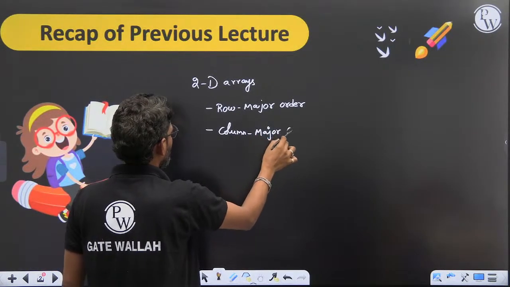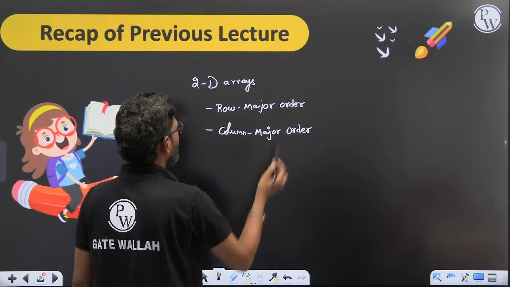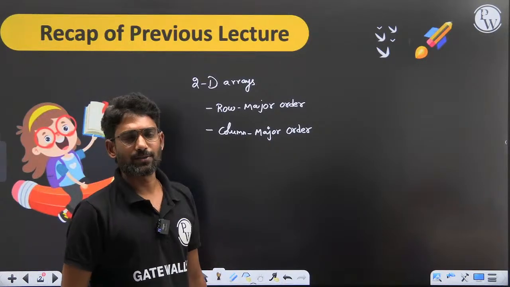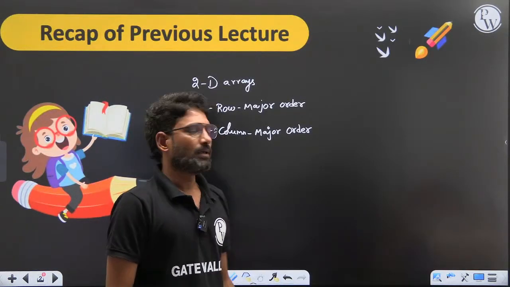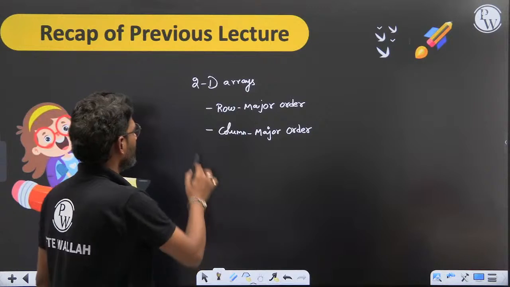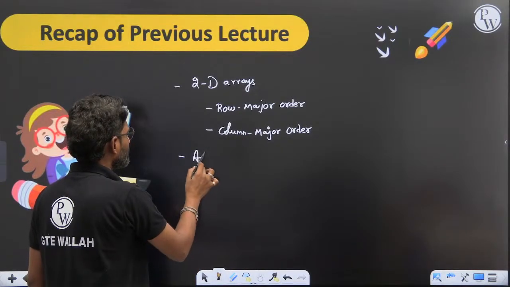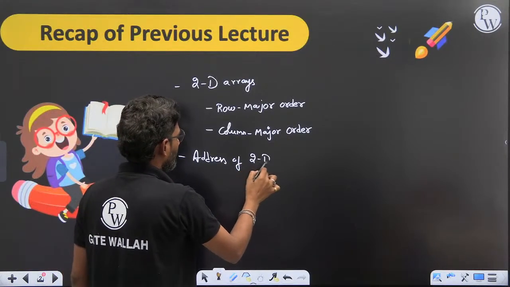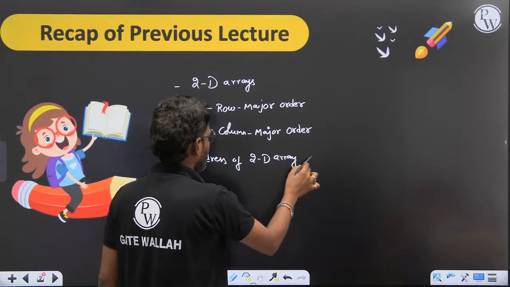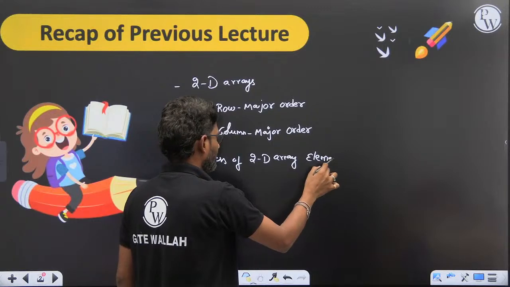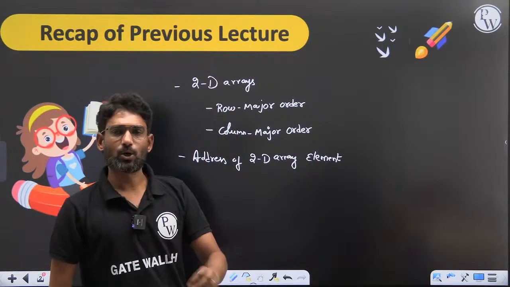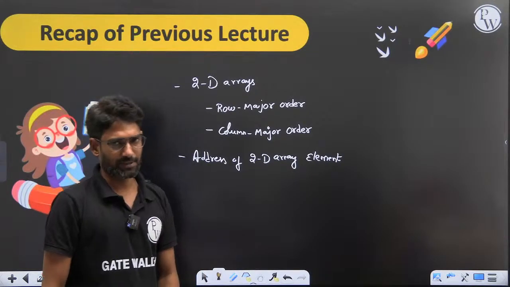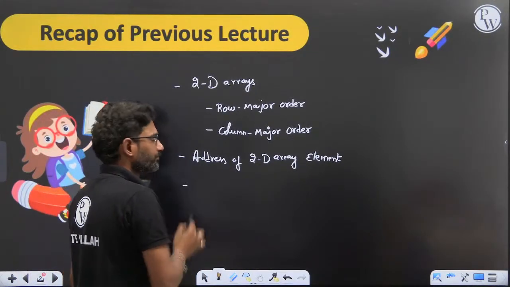So either in row major order or in column major order, 2D arrays can be stored. And how we calculate the address of a 2D array element in both row major order and column major order, starting from a random index, we have discussed.